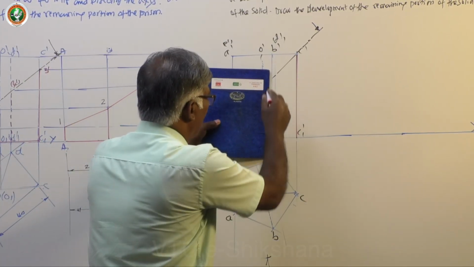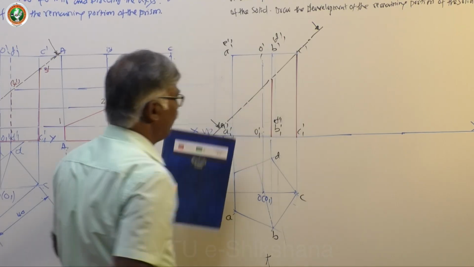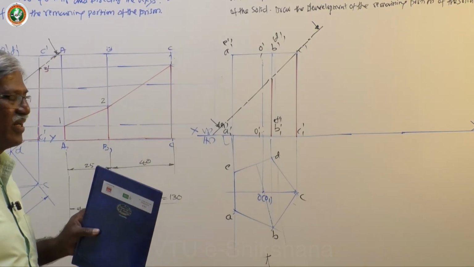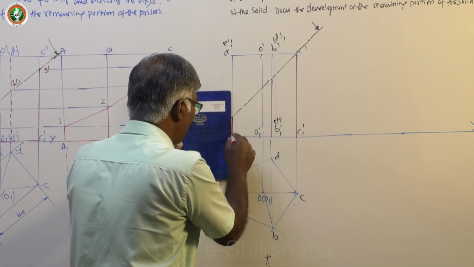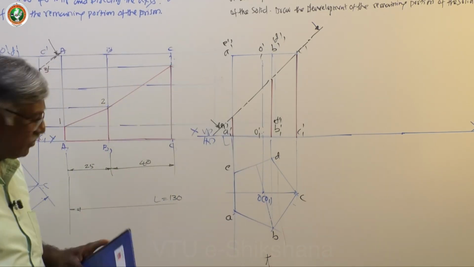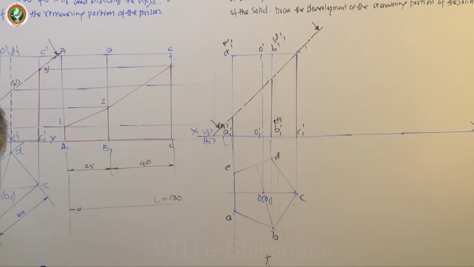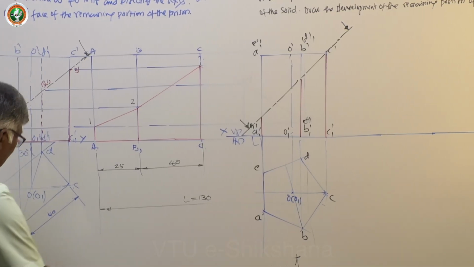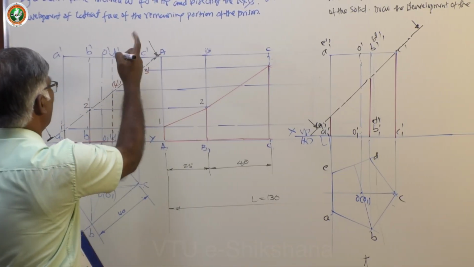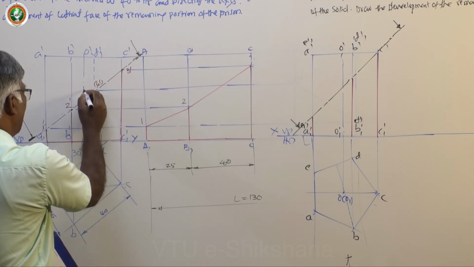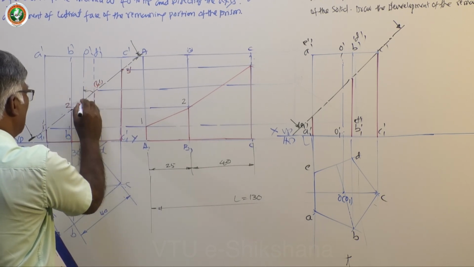Here BB1 and DD1 portion of the longer edge is retained. BB1 is visible, DD1 is not visible. Now here, definitely you must identify the axis inclined 40 degree to HP. So here again 40 degree to HP.